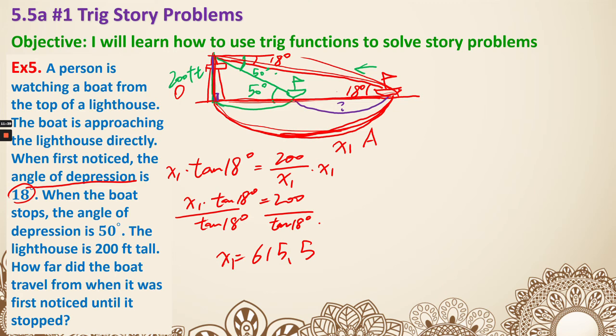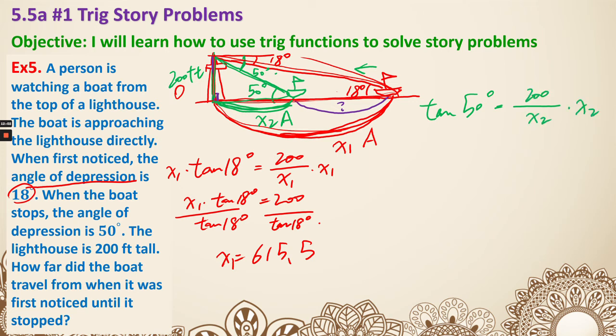I'm going to need to find this little portion, so now I'm using the smaller triangle right here. I'm going to call that x2. It's still going to be the opposite side, which is 200 feet, and x2 is the adjacent. So I'm still going to use the tangent. Tangent 50 degrees is going to be 200 over x sub 2.